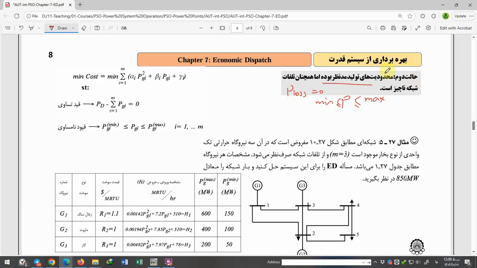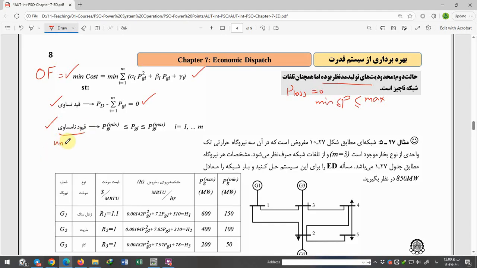In the previous scenario this limitation was ignored, but in the second scenario the limitation remains. So the cost function is here. The cost function or objective function, OF, remains.